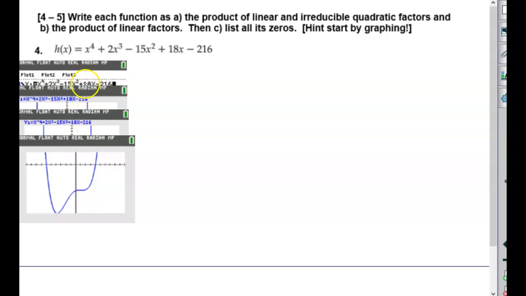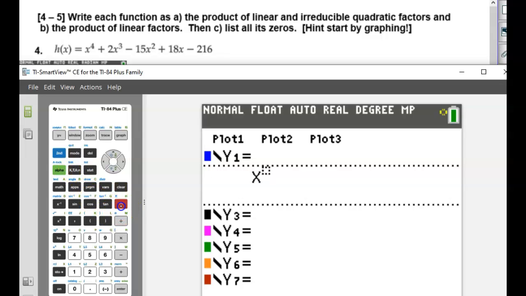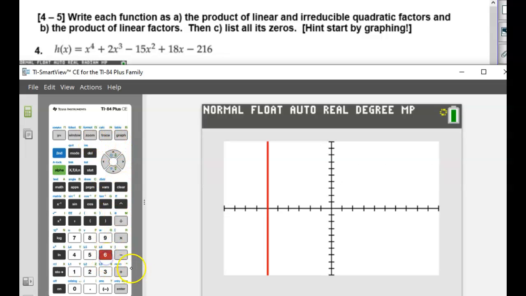So, number 4, throw that into your calculator. I have no idea if a standard window works.